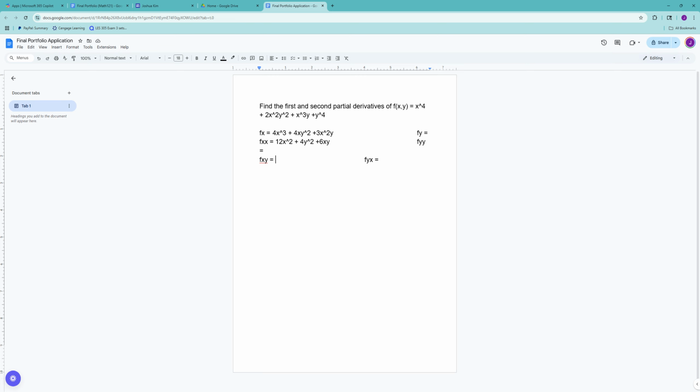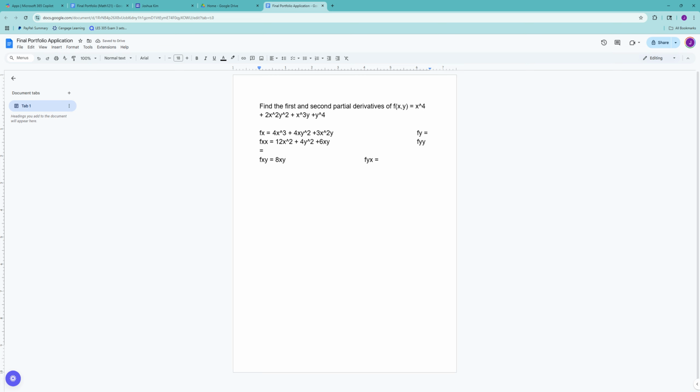To find f of x y, we would find the derivative for f of x with respect to y, which would leave out 4x cubed, and it would make it 8xy.